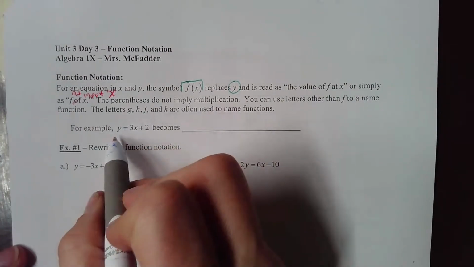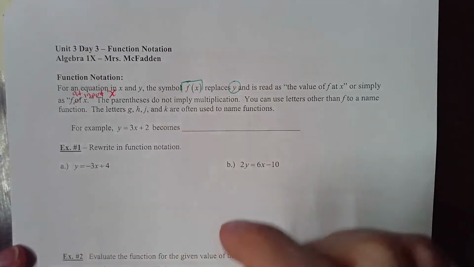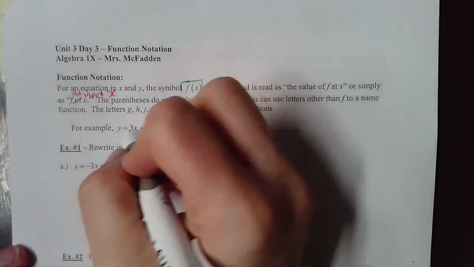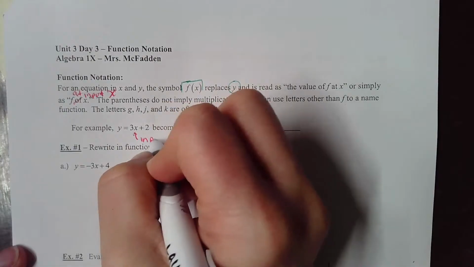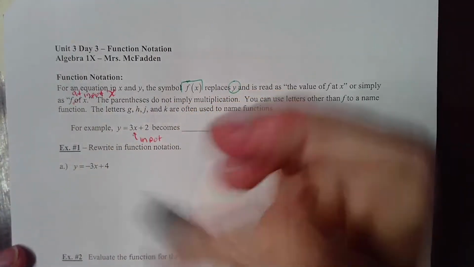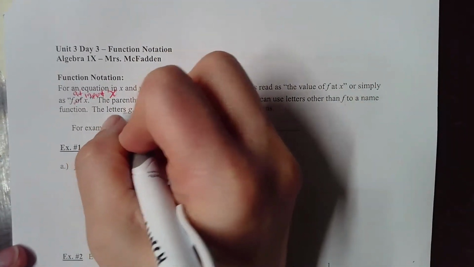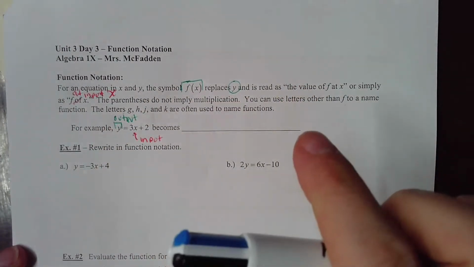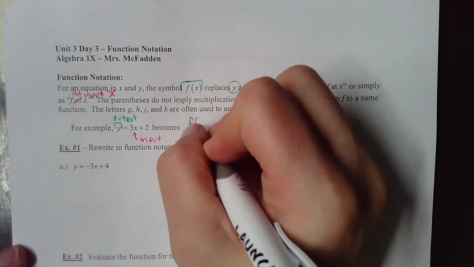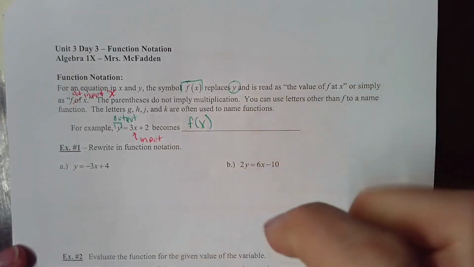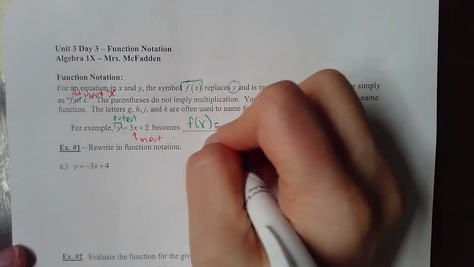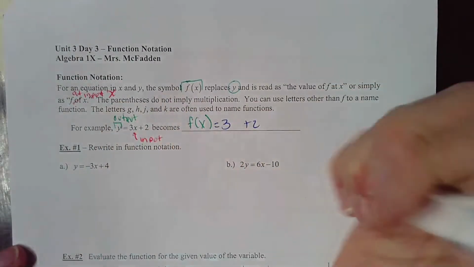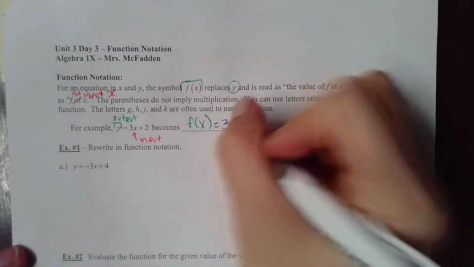So let's look at an example here. Y equals 3x plus 2. What is my input? X is the input. What is my output? Y is the output. So if I want to change it to function notation, I would say f at x equals 3x plus 2. X is our input.